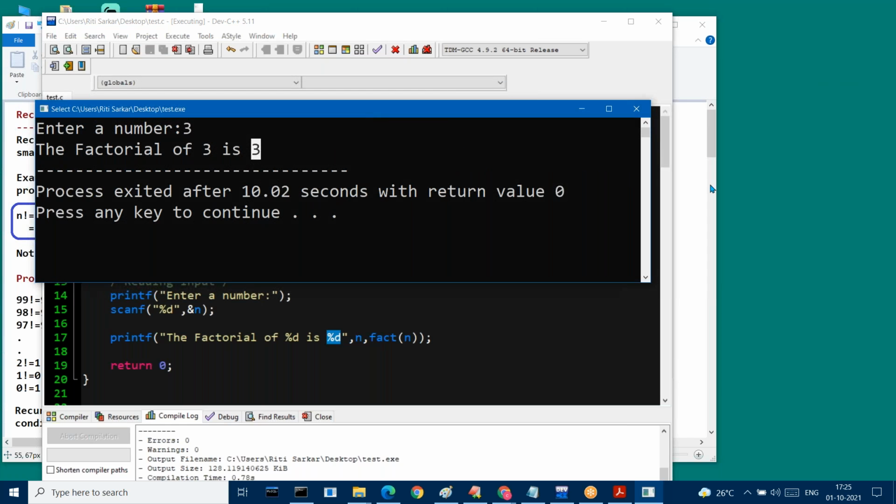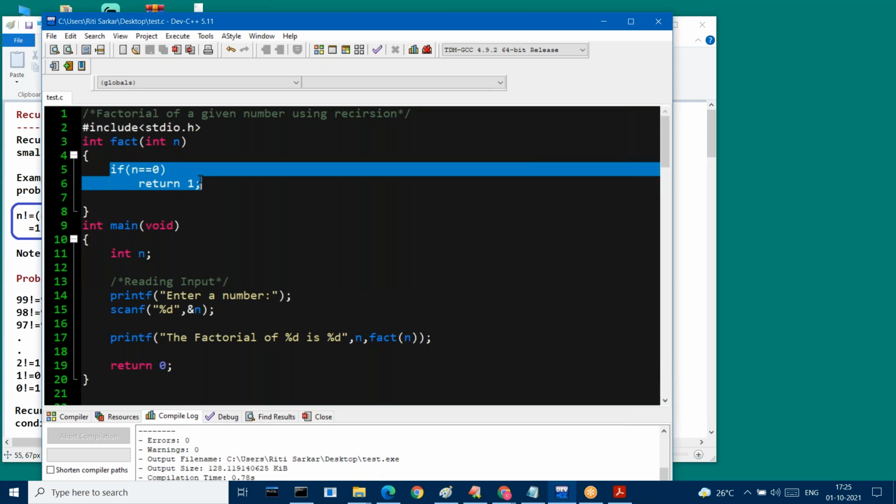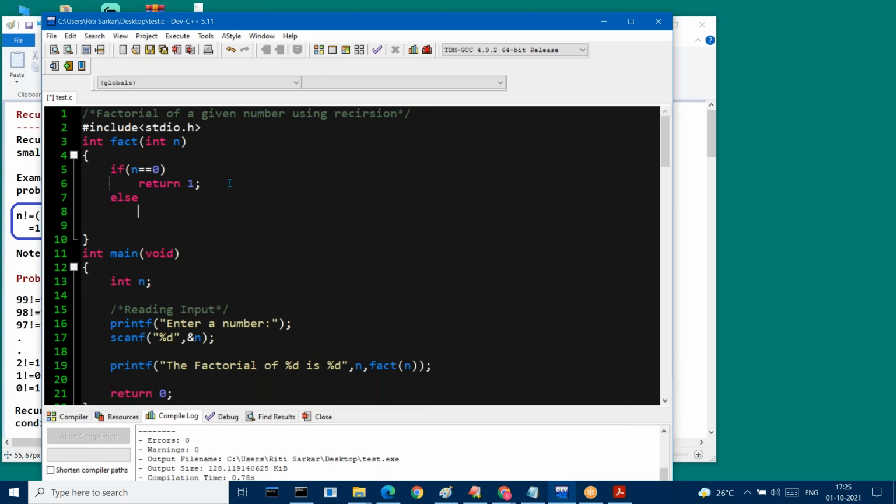Then you have to write the code. How? If the n value is not equal to 0, where is your code? Not there, right? Else. What will you do? I need the value here. So if you need the value here, definitely you have to go for return.